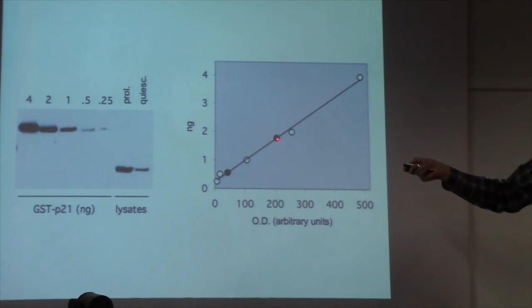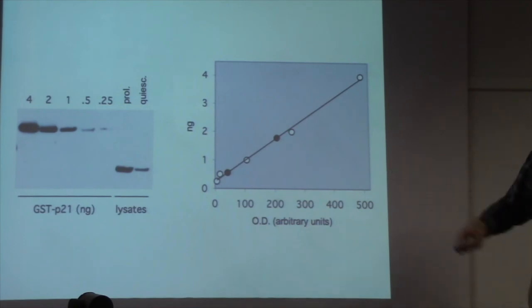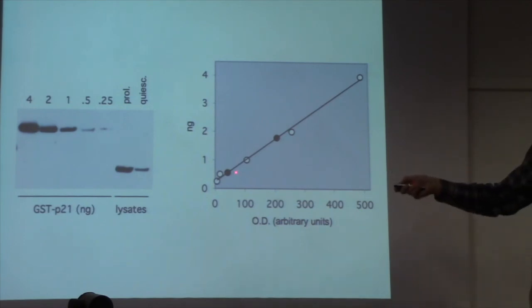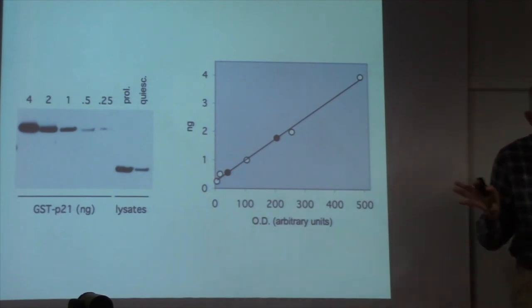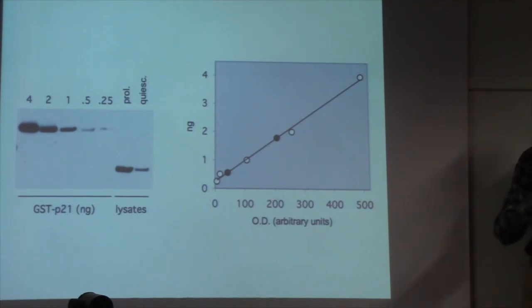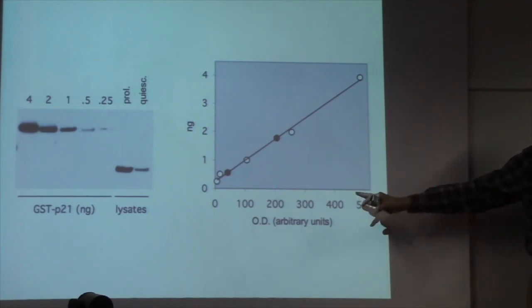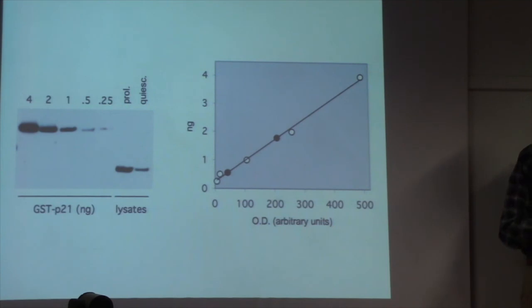But you can make it correspond to a specific amount of the protein, something like 1.8 nanograms of P21 here, something like 0.5 nanograms of P21 here. So this is pretty satisfactory in that we have now transformed a semi-quantitative evaluation into an absolutely quantitative one. And we can do it over and over again.